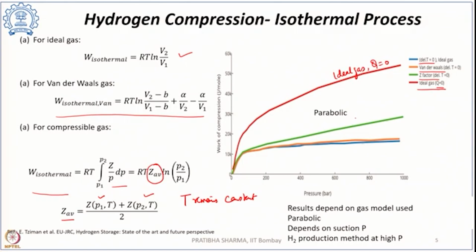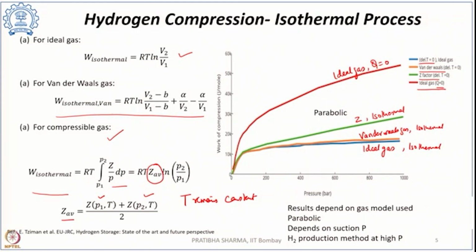Next is the model which uses the compressibility factor, considering it to be isothermal. The third one is considering it to be a van der Waals gas under isothermal conditions, and finally an ideal gas under isothermal conditions. This shows that depending upon the gas model used, the work of compression varies with the pressure.